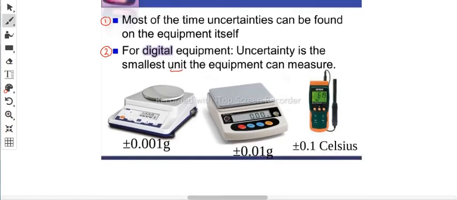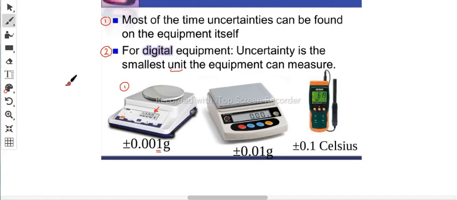How is that? I've got here different equipment and tools used inside the lab. I have two different digital balances, and also a digital thermometer. If you look at the first balance, you replace the last decimal, which is the inexact number, by the number 1. So the uncertainty for this digital balance is plus minus 0.001.